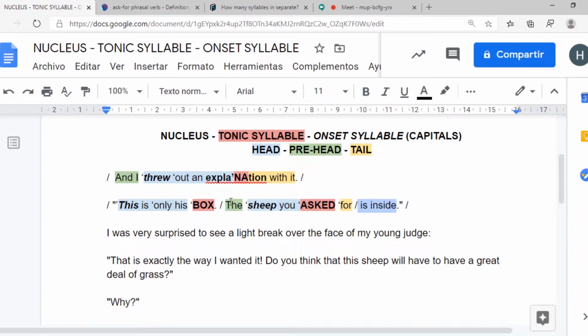Okay, the sheep you asked for, all of this is my subject, and then I have my predicate here. That's why I separated it into subject and predicate. Okay, because I can separate in this way too.